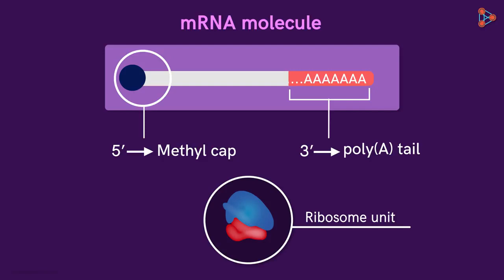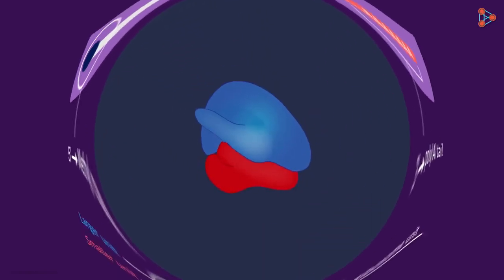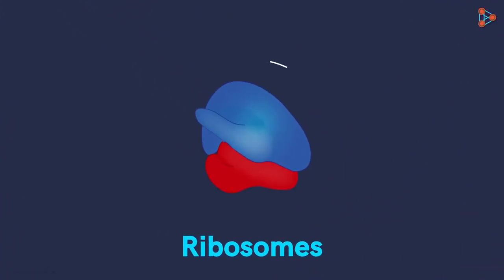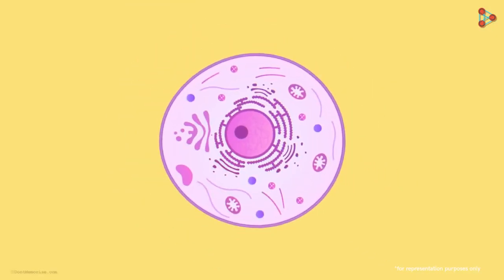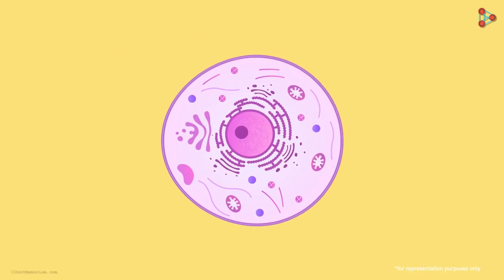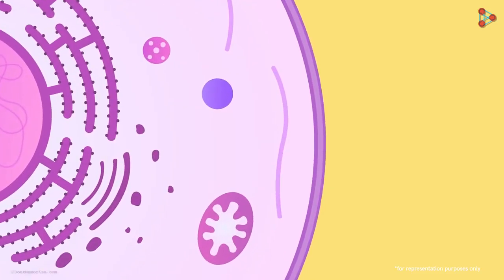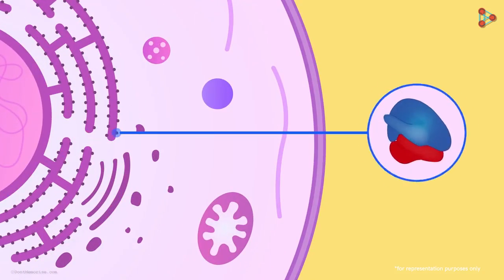Two units of ribosomes, one small and one large, form an assembly that helps in the process. Ribosomes are basically a complex assembly which acts like a molecular machine for protein synthesis. Remember the small dots attached to the surface of the rough endoplasmic reticulum? We find them in the diagram of a typical cell. These are nothing but ribosomes.